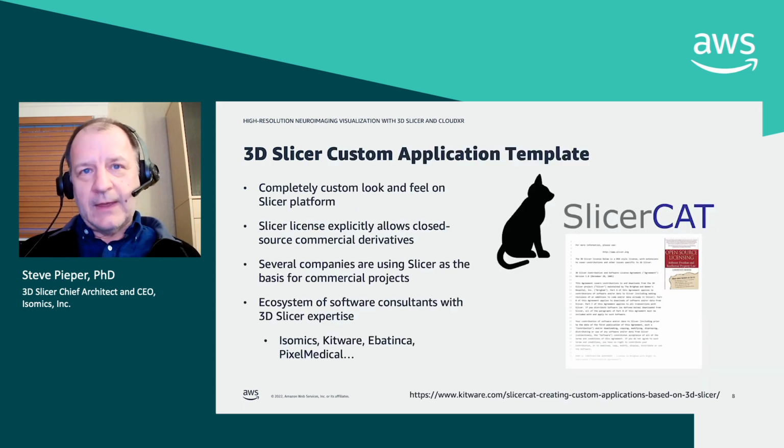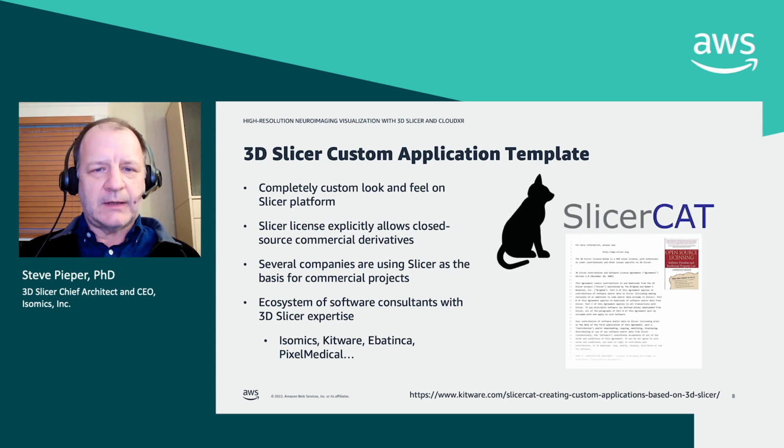And that's very useful because it's easy one-click download for people, but we also have the option for people to build their own custom applications, completely leveraging all the build systems and all the work that's available in core Slicer, all that stuff about medical image management, but then to extend that with their own custom code, with their own user interface that may look nothing like the 3D Slicer, may hide a lot of the functionality.